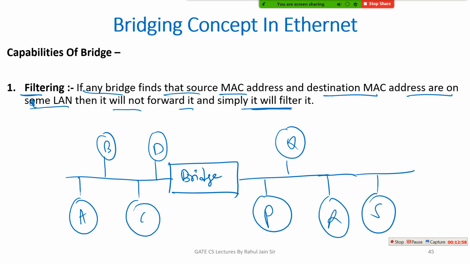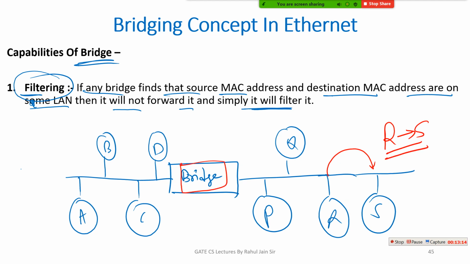Okay, so filtering is a capability of a bridge. What does it mean? See here. Suppose R wants to send a message to S. In this case, what will the bridge use as its capability? How will the bridge work? The bridge will simply see that R and S are on the same side, that is, part of the same lane.